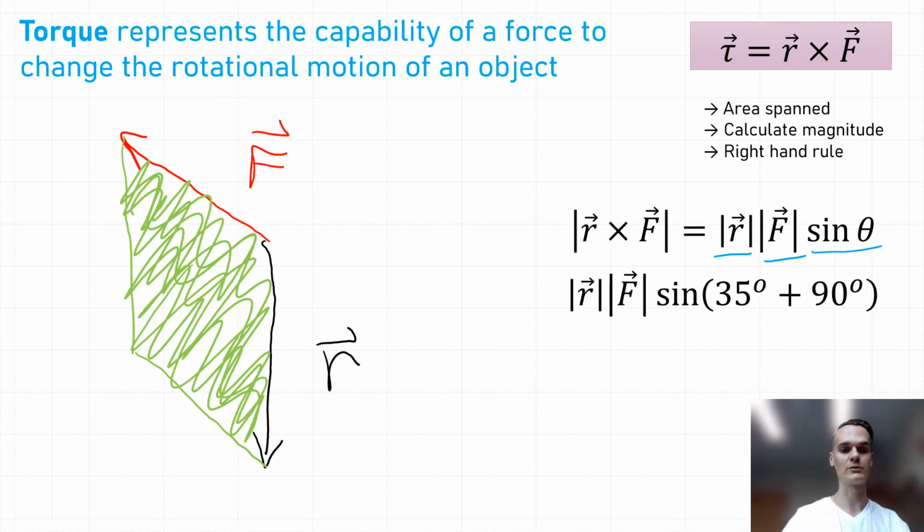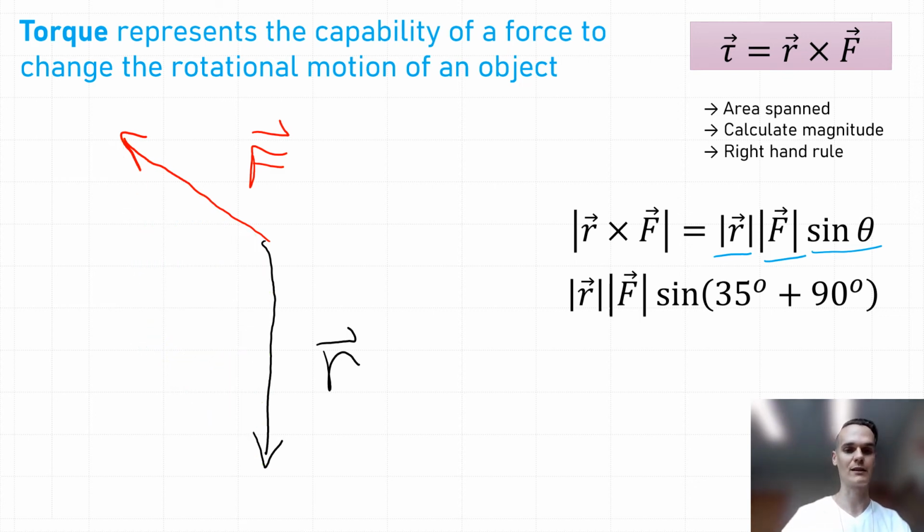Whenever we drew our force vector on the previous slide, we had the angle 35 degrees measured with respect to the horizontal. So this angle here is going to be 35 degrees.